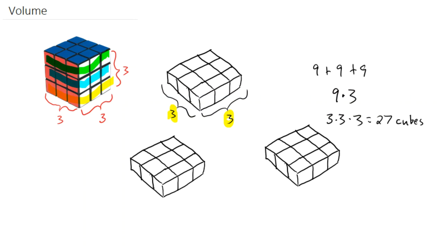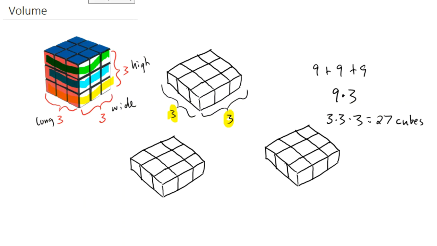figuring out how many cubes it would take to make that rectangular solid, or to fill it up, if you think in terms of like an aquarium, how many rectangular solids it would take to fill it up. And that's going to amount to how many it is wide, long, and high, or its length, its width, and its height.